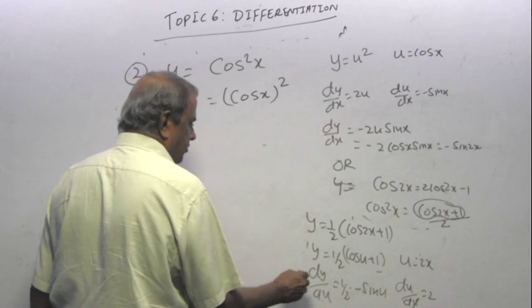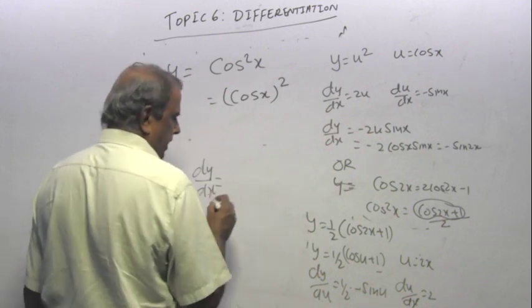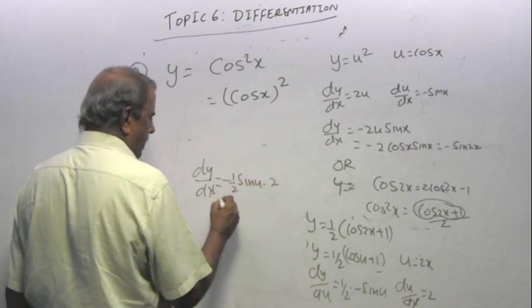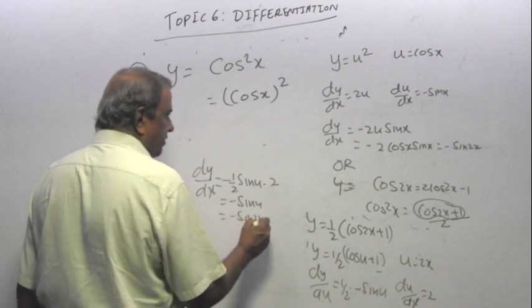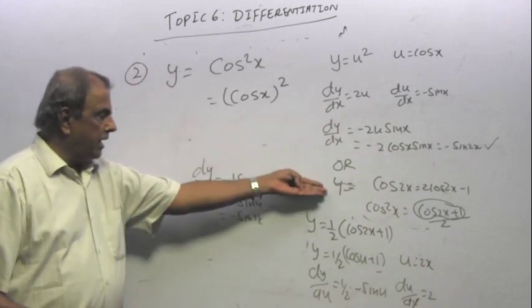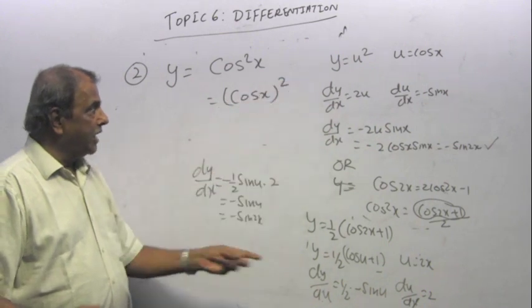So dy by dx will be minus half sine u times 2, which is minus sine u, which is minus sine 2x, which is the answer I got. So using double angles also you can do it. Using chain rule you can do it.